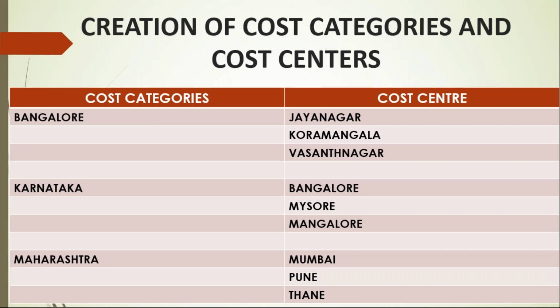So once we finish creating the cost categories and cost centers, the next step we are taking is payment vouchers, right? So after Contra vouchers, we are working on the payment vouchers. All of you have done with the creation of cost categories and cost centers.